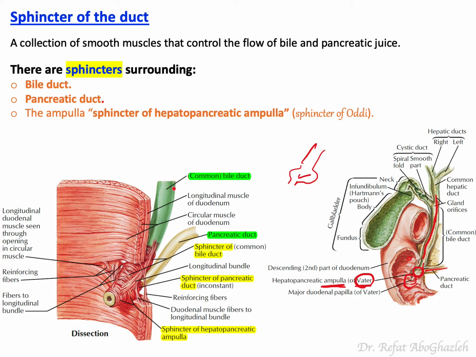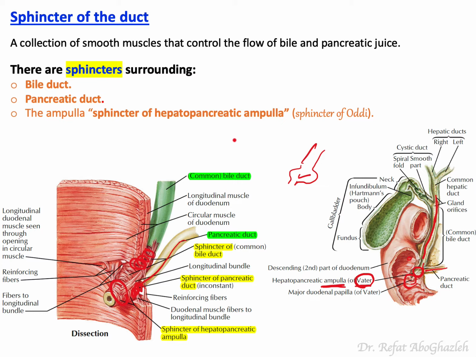So what about the sphincters, guys? Yes, the bile duct itself is guarded by smooth muscle, which creates a sphincter of the bile duct, and we have similarly a sphincter on the pancreatic duct as well. When they join each other, they form the ampulla, the ampulla of Vater, or hepatopancreatic ampulla, and it also has its own sphincter.